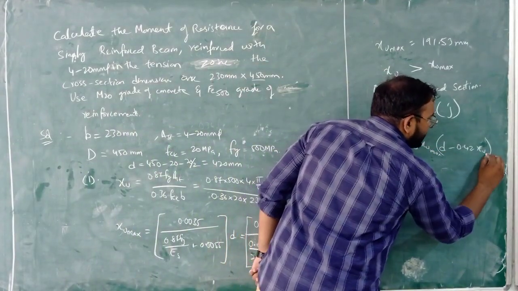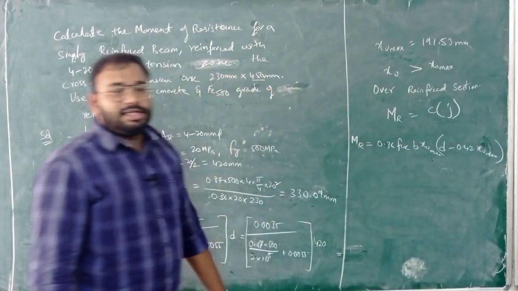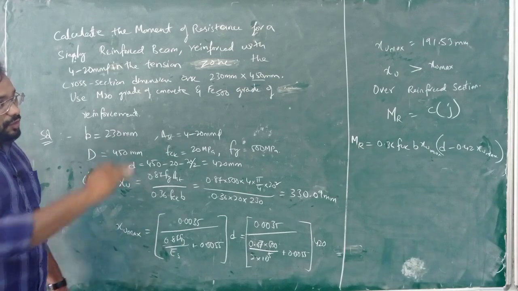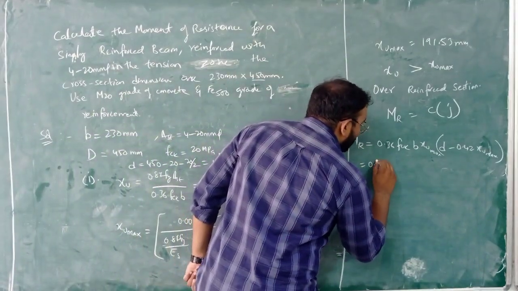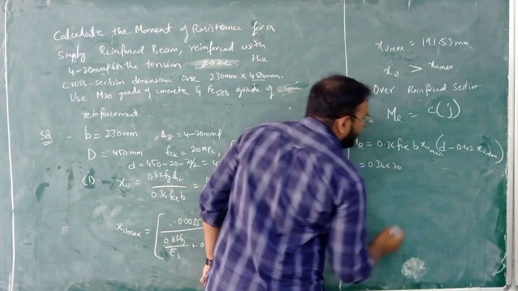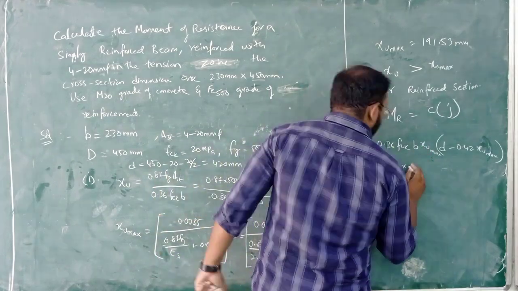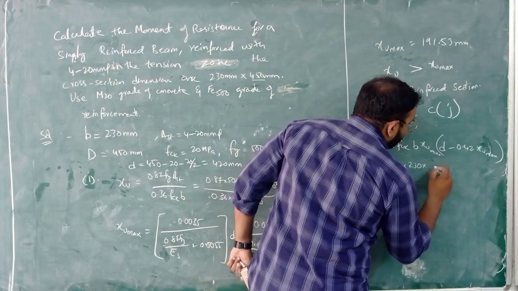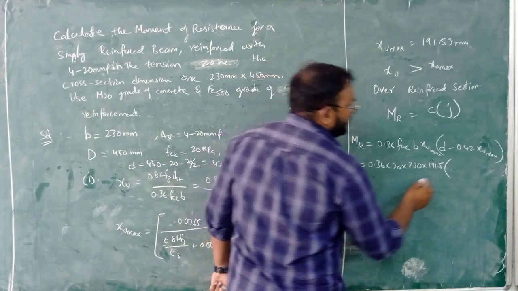MR is equal to 0.36 fck b Xu (d minus 0.42 Xu). Now see here, you cannot use Xu equal to 330 here. Why? Because this is the maximum limit up to which the neutral axis can go. This is the last line of neutral axis.